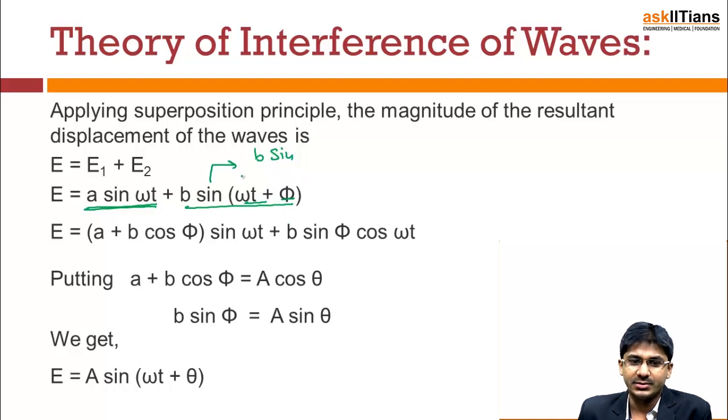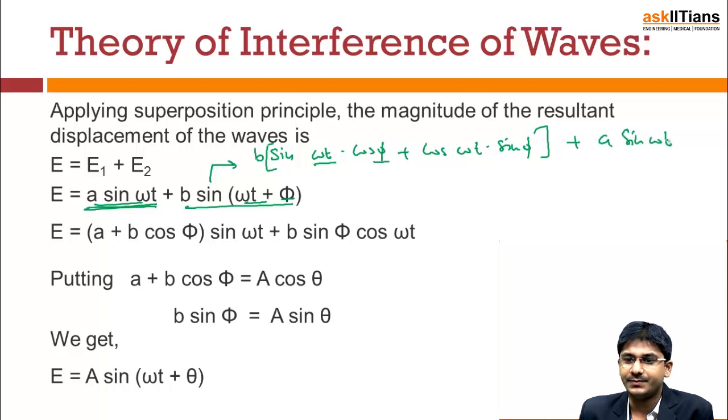This is sin (A plus B), so you can write it as sin A cos B plus cos A sin B. This is the formula for sin (A plus B), where A is this, B is this. So we write it in this manner, and then you have A sin omega t plus B sin omega t cos phi plus B cos omega t sin phi. This is what it expands into.